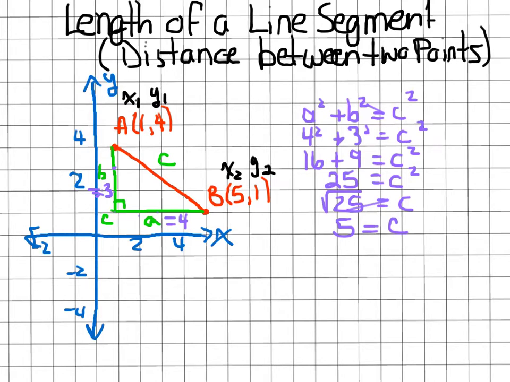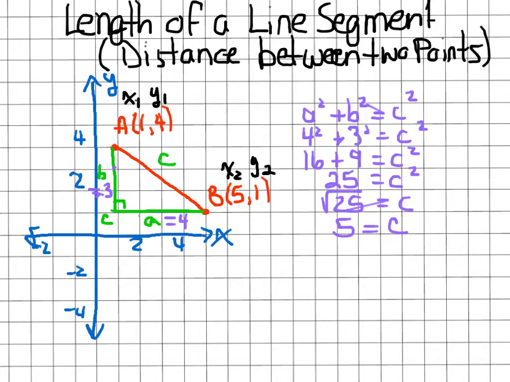Because really what we've done when we calculated the length of side B and the length of side A is we just looked at the differences between the coordinates. For side B, it was the difference in the y-coordinates of each point, and if we look at the length of side A, it was the difference in the x-coordinates.